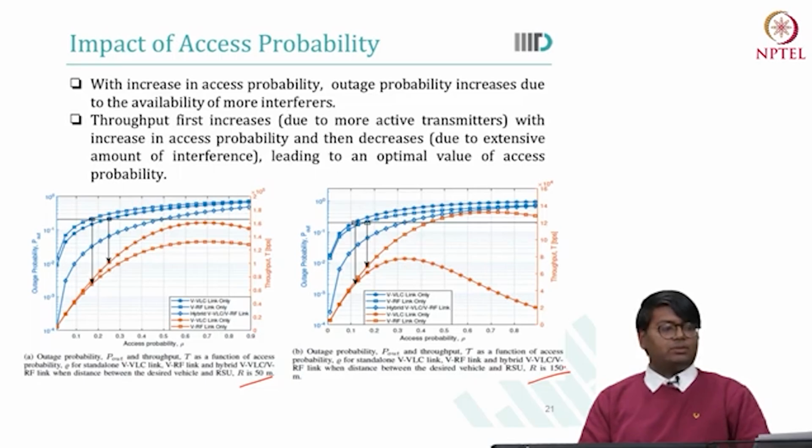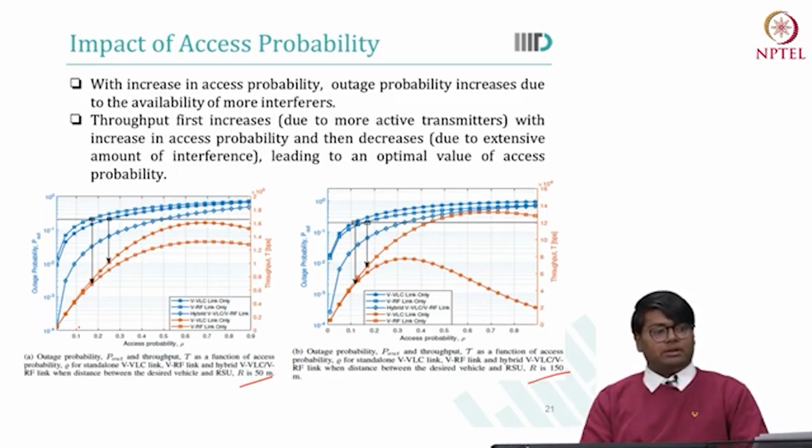Also, the throughput first increases due to more active transmitters with increase in the access probability, and then it decreases. So for the throughput, if you observe the trend, first it increases and then decreases. So there is some optimal value of the access probability at which you have the maximum throughput.